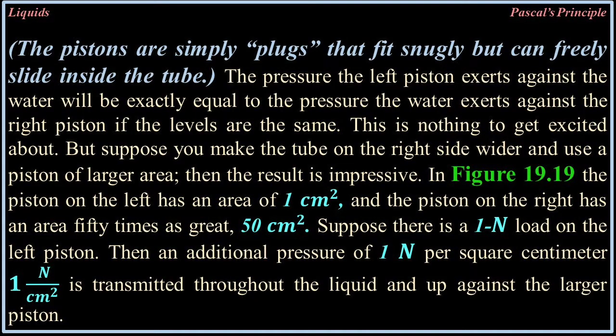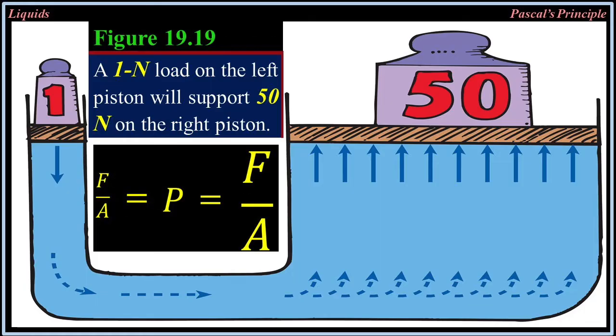Suppose there is a 1 Newton load on the left piston, then an additional pressure of 1 Newton per square centimeter is transmitted throughout the liquid and up against the larger piston. Figure 19.19: a 1 Newton load on the left piston will support a 50 Newton load on the right piston.